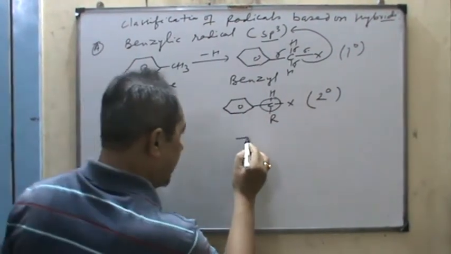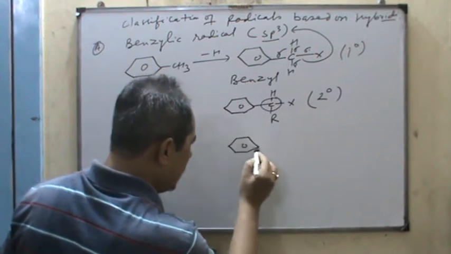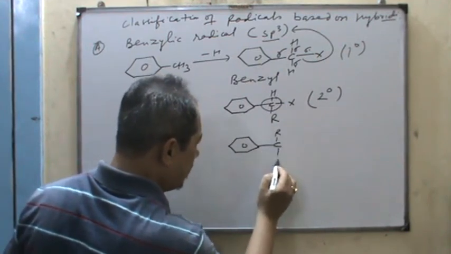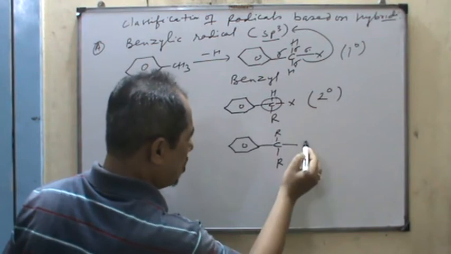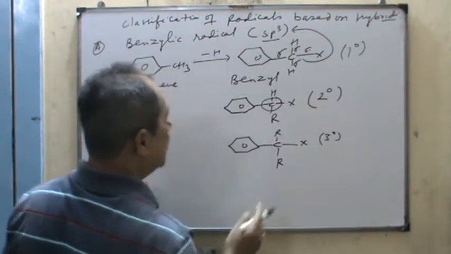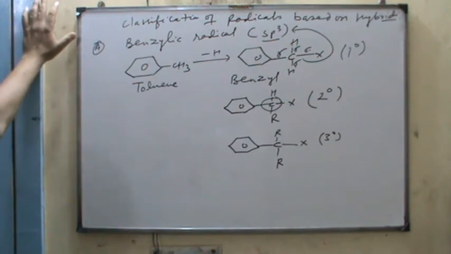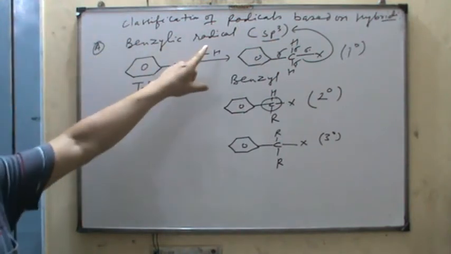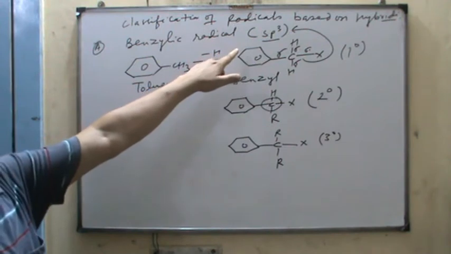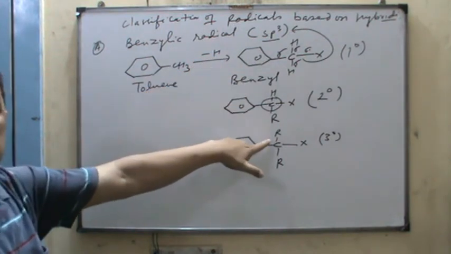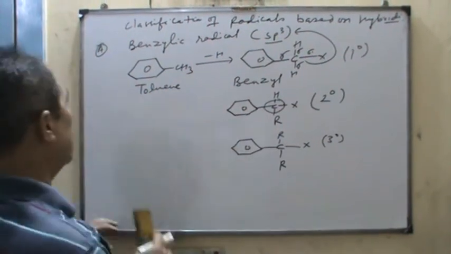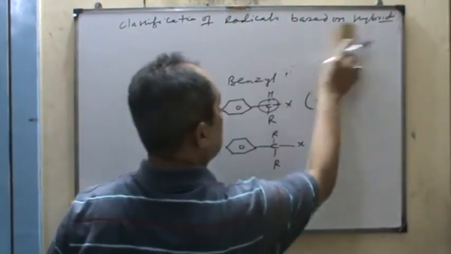And if I say 3 degree benzylic radical, the 3 R may be same or may be different. It is 3 degree. So benzylic radicals are characterized by sp3 hybridization. It can be primary, secondary, or what? Tertiary. Is it clear?